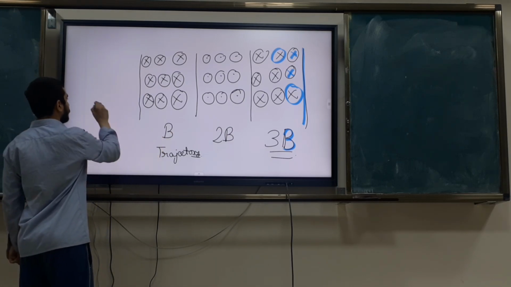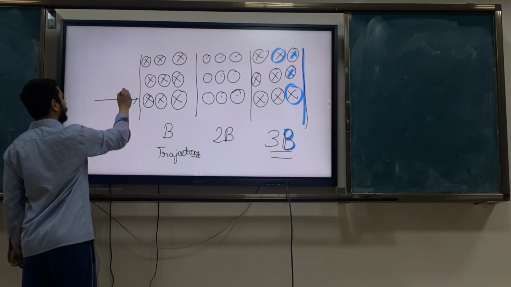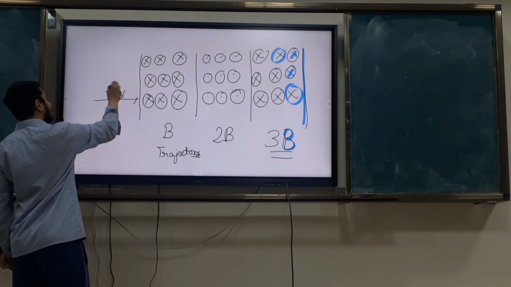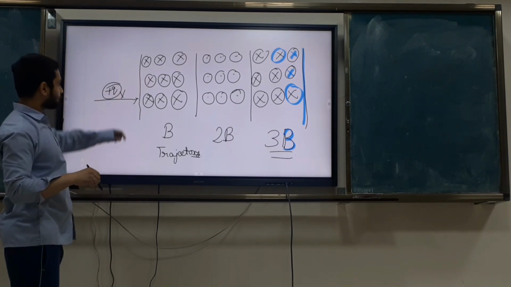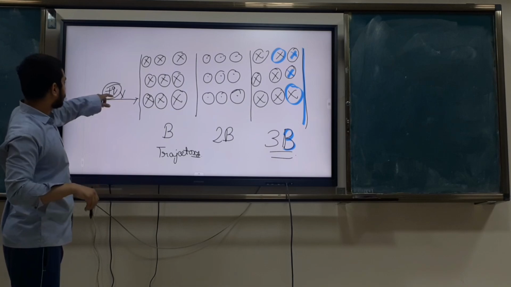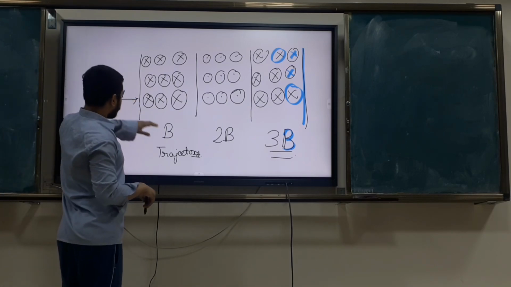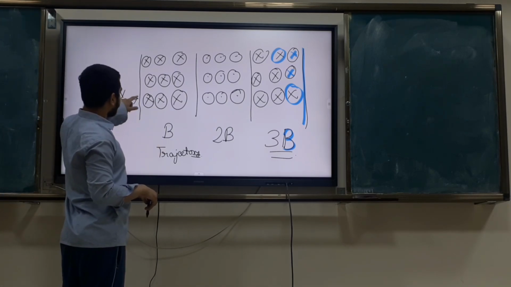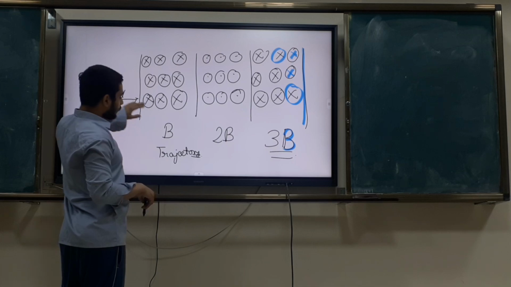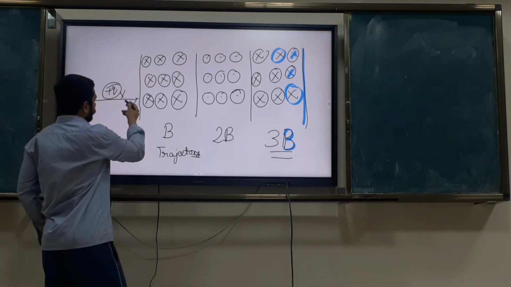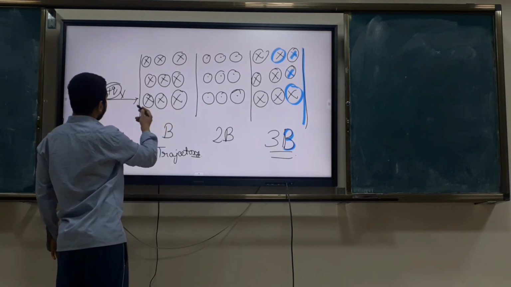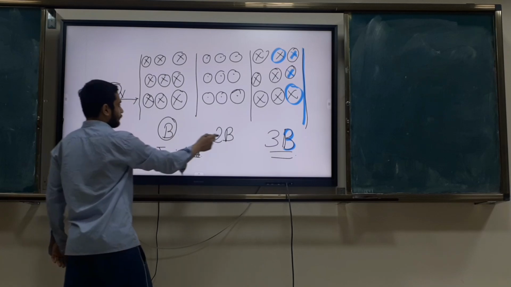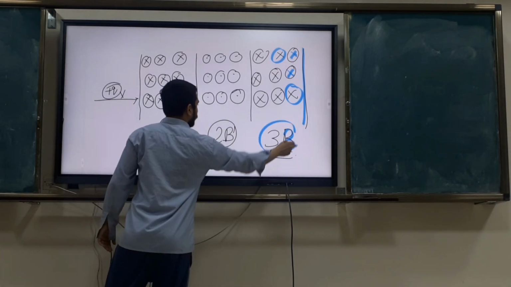Okay, so suppose that the velocity v of the particle is like this and the charge is q. Suppose that the trajectory is like this. So we have to tell the trajectory when the magnitudes are different. Okay, so how will we tell?